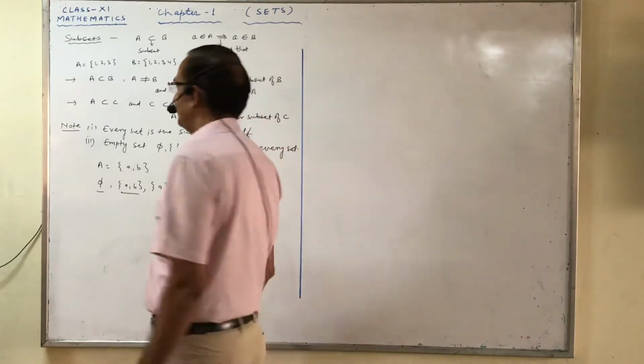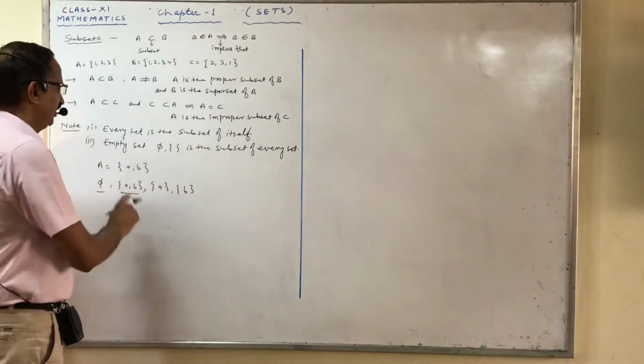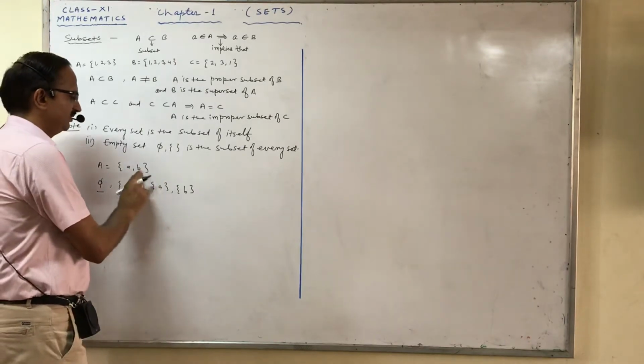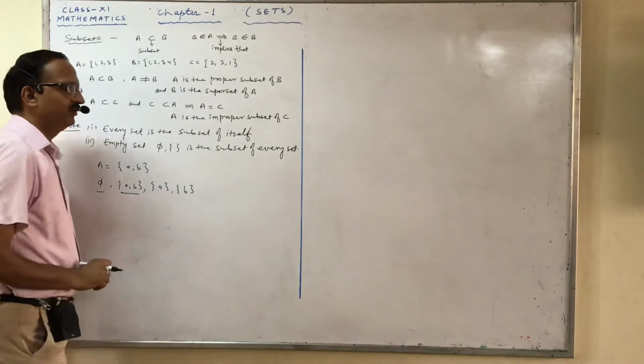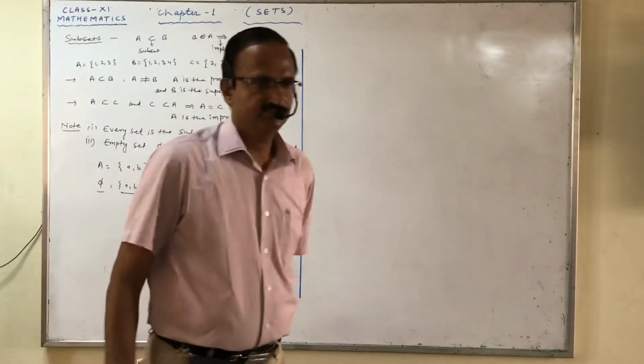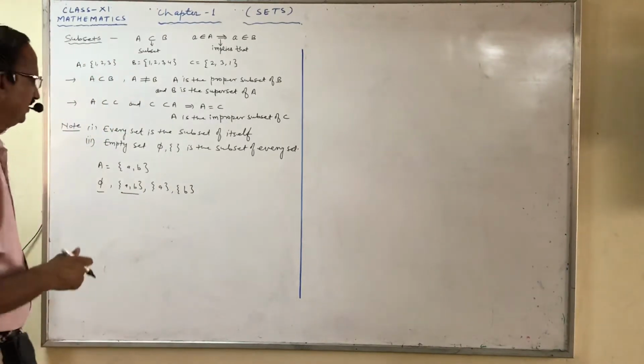And the remaining we can write with the help of the elements, single element, then double. So altogether we have 4 subsets.